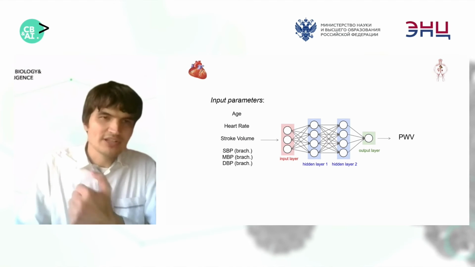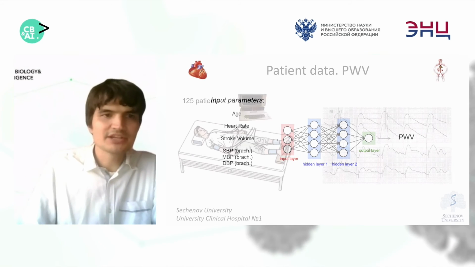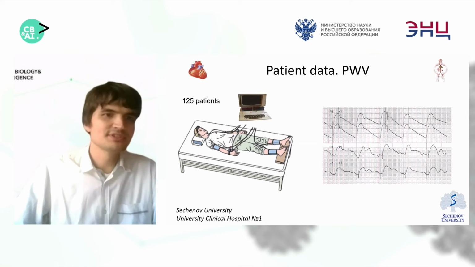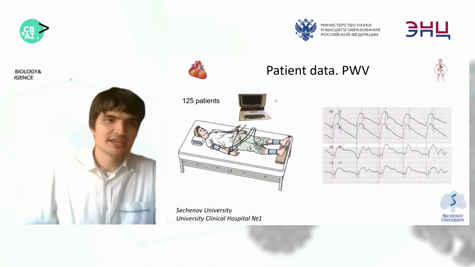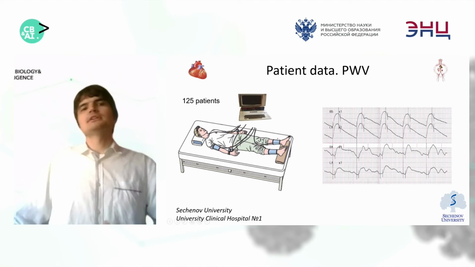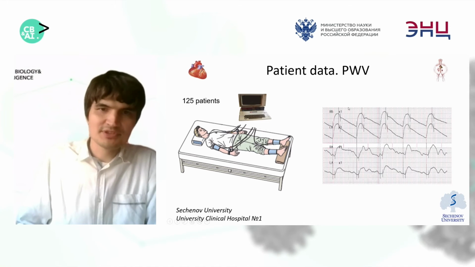And to validate our synthetic database and our neural network, we used actual measurements from 125 patients. These measurements were performed at Sechenov University. Each patient had cuffs on his brachial arteries and on his ankles. And we had readings of pressure values from these cuffs.